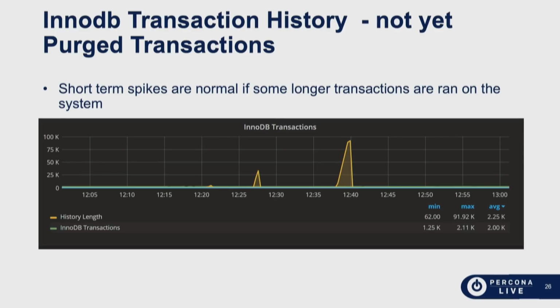Another thing to look at in monitoring is the history length. History length shows how many unpurged transactions there are. And you would normally see things like that, because whenever you run some sort of long reporting queries, your purge process temporarily pauses, and you would have the history length slightly grow.